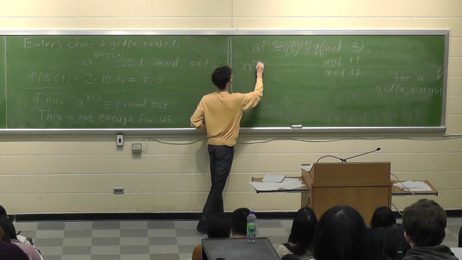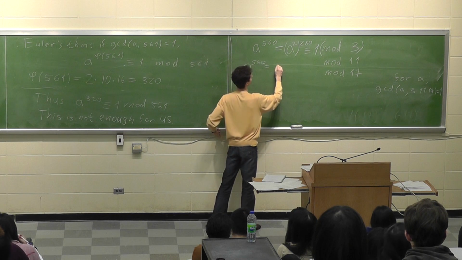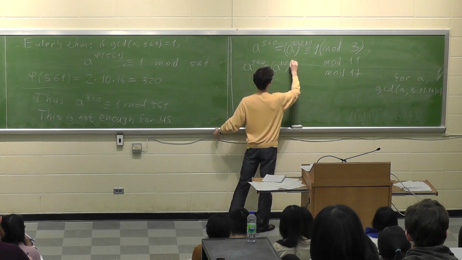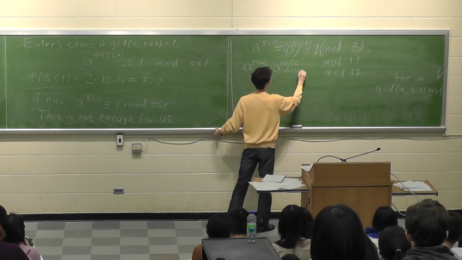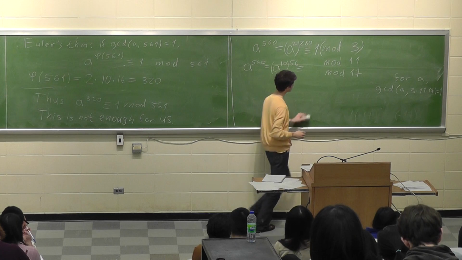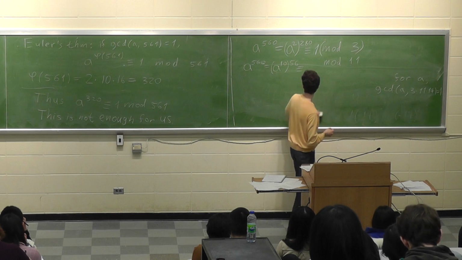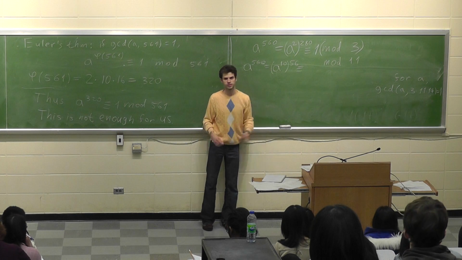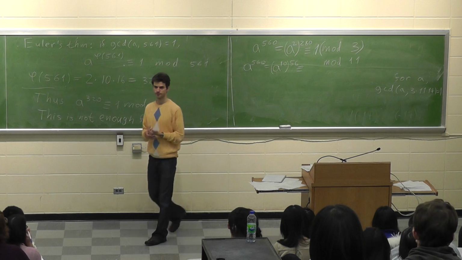a to the power 560 is, let me write it like this, a to the power 10 to the power 56. Why is this number congruent to 1 modulo 11?